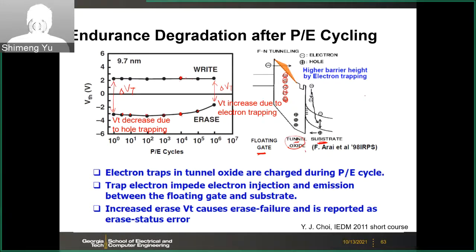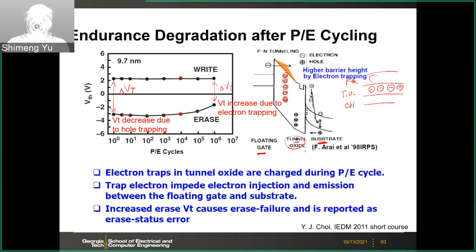Because if electrons get trapped, it's more like you couldn't completely erase, right? This is the tunnel oxide, this is your channel substrate, and this is your floating gate.